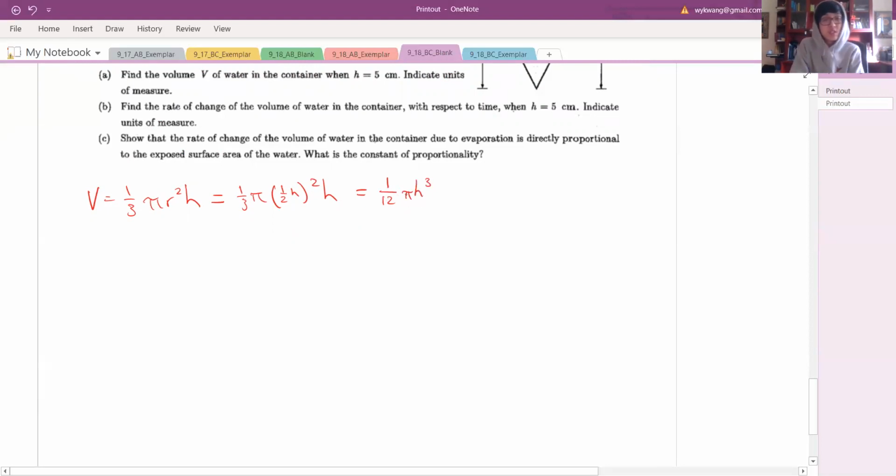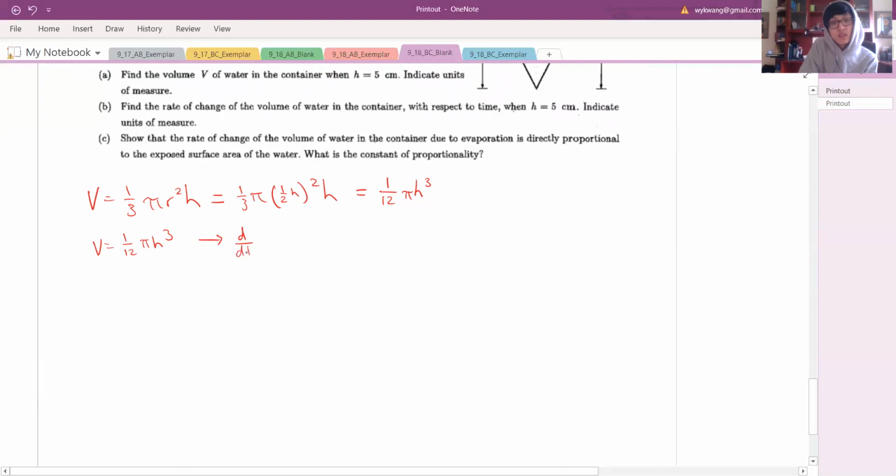Okay, so now we have V is equal to 1/12 pi h cubed. Now let's differentiate this.